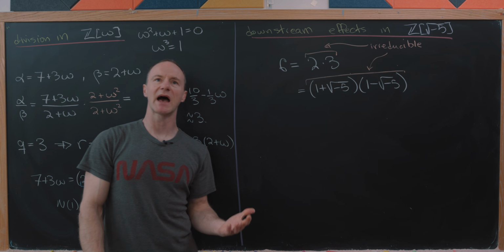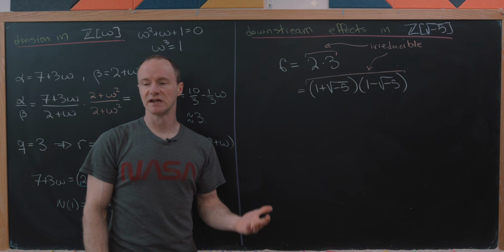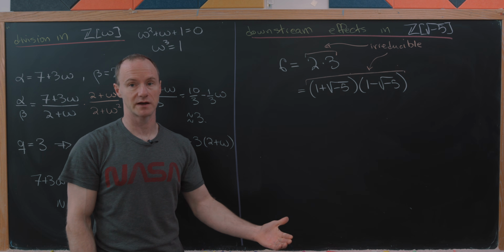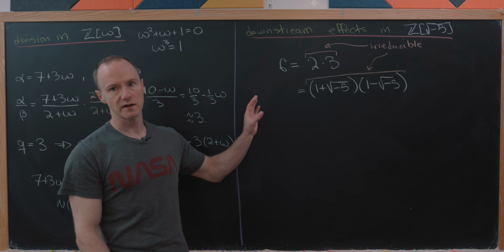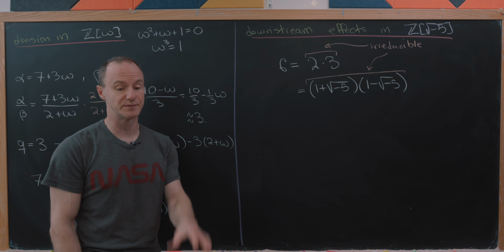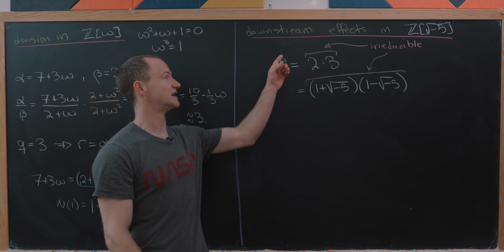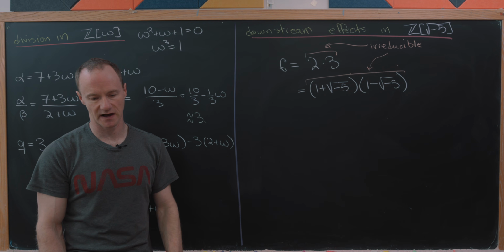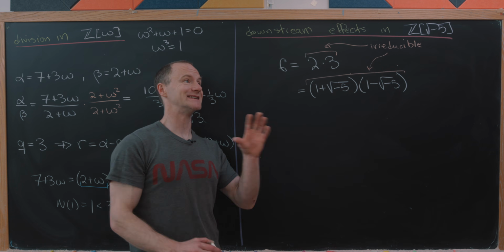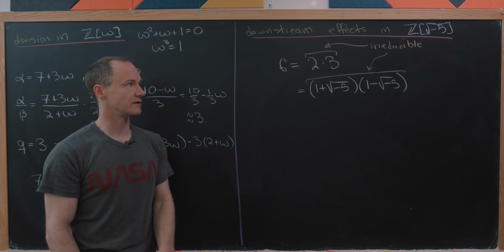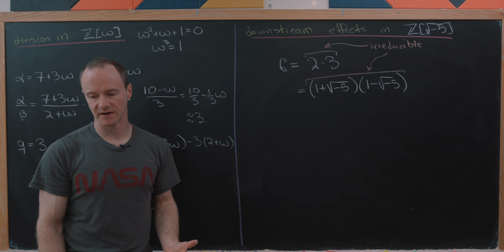If you think back to the integers, in the integers you learn about unique factorization into primes. Here we're calling these irreducibles and not primes because we in fact do not have unique factorization inside of Z adjoining root minus 5. That's in some ways a downstream effect of the fact that there's no division algorithm in Z adjoining root minus 5.